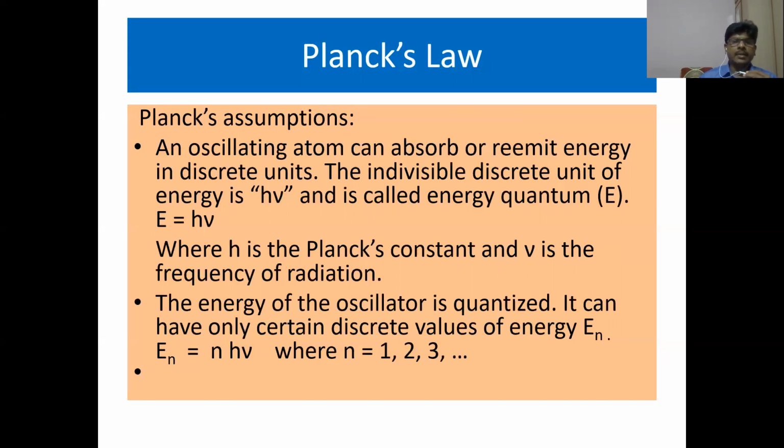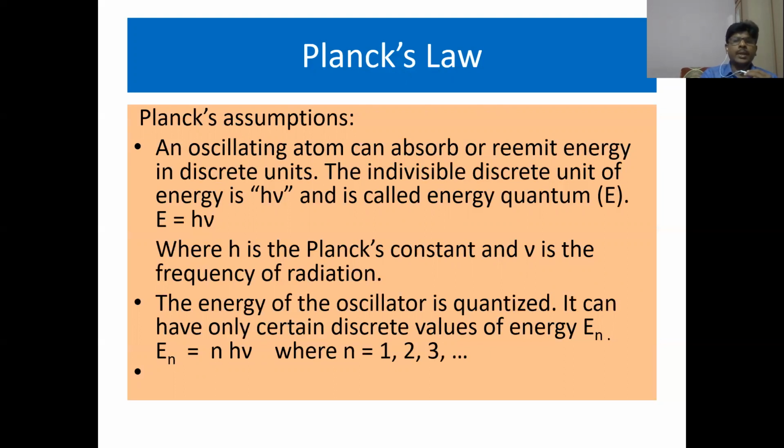Secondly, the energy of the oscillator is quantized. It can have only certain discrete values of energy E subscript n, or En is equal to nh nu, where n can take values 1, 2, 3, and so on. Suppose you substitute n is equal to 1.